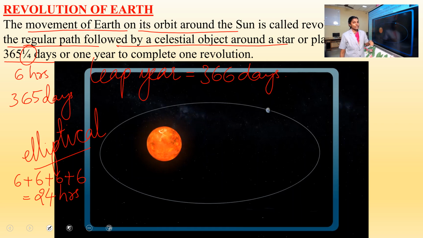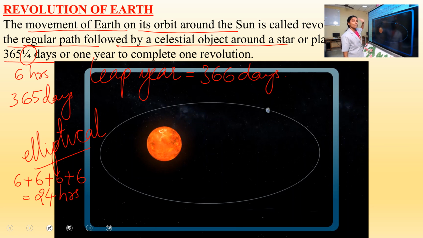So this year, 2020 is a leap year. The month of February we had 29 days. Okay. So how many days are being taken when we are talking about the revolution of the earth? We just consider the 365.